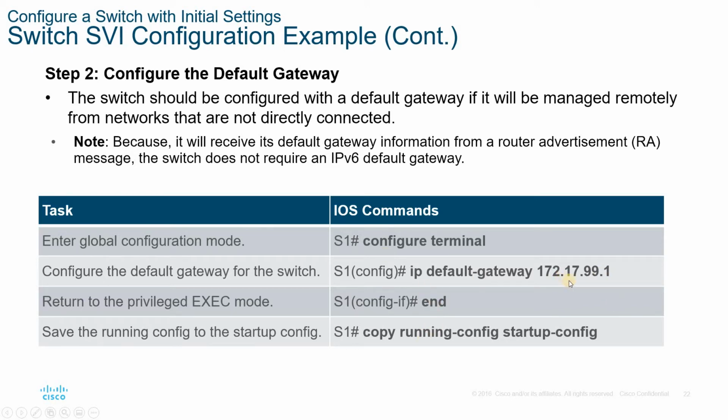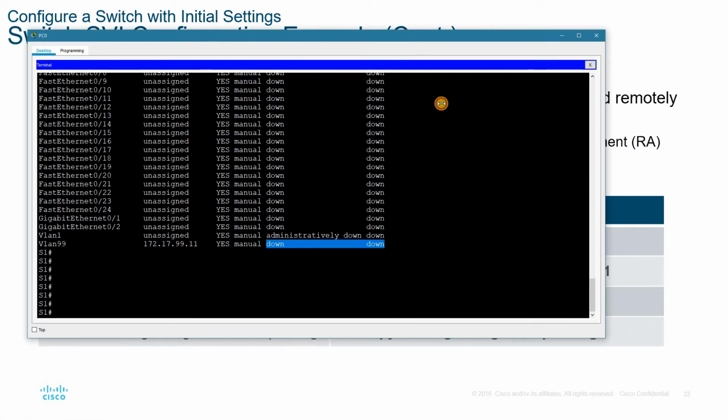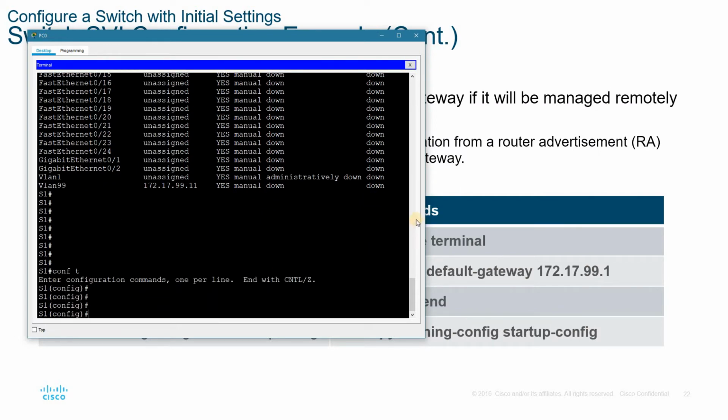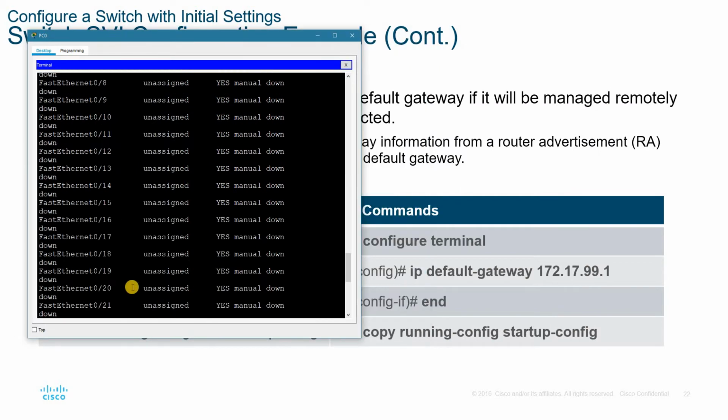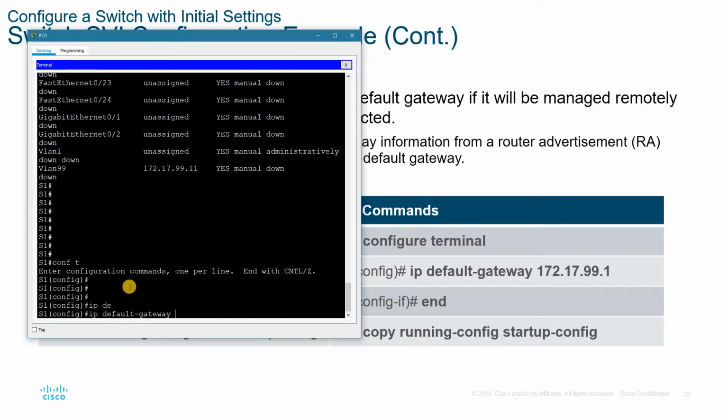Okay, gawin natin to. So the IP address 99.1. So let's try that here. So I'm gonna go to global. Okay. And then the command is ip default-gateway 172.17.99.1. Okay, this time you notice there's no subnet mask included.